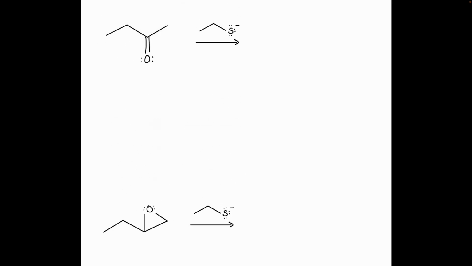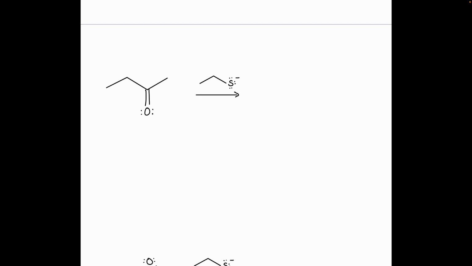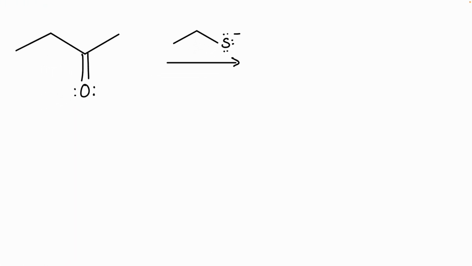Let's take these one by one at first, and then we'll stack them next to each other and compare. All right, so my electrophile is going to be that carbonyl carbon. My nucleophilic site will be that sulfur with all of its electron density. So when I go to draw my products, I'm going to draw that new bond between that electrophilic carbon and that nucleophilic sulfur. And then I have to include those other two from my nucleophile.